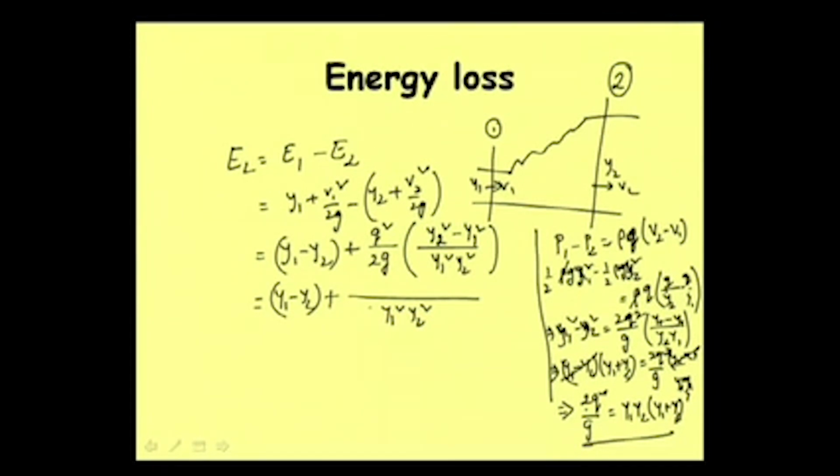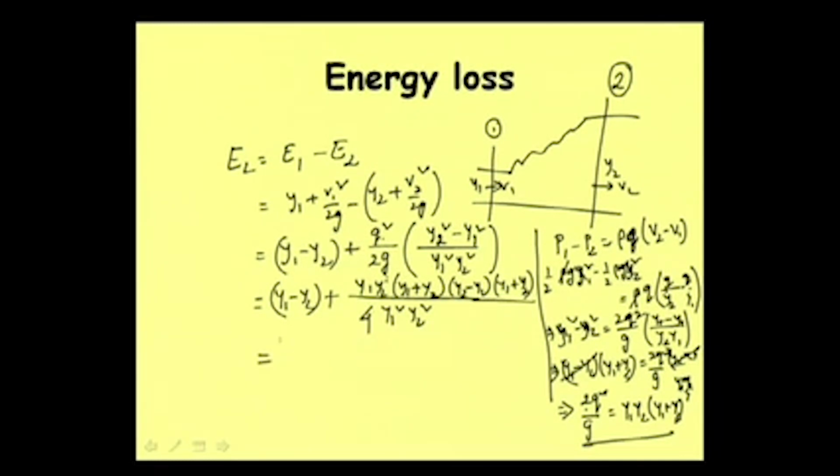So we can write 4 here, and then this will become twice q square by g, and we can replace this by y1 y2 and y1 plus y2, and this term we can write in the form y2 minus y1 into y1 plus y2. y2 plus y1 or y1 plus y2, the same thing.